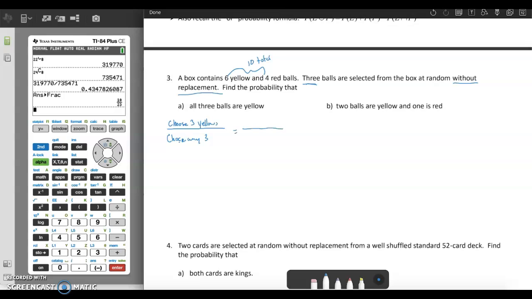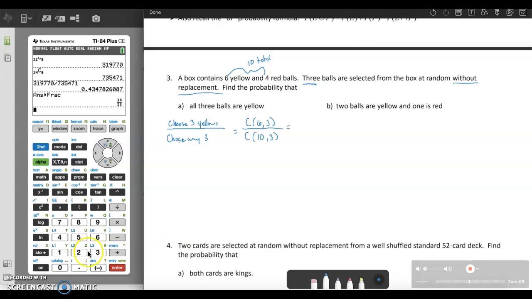So how can we choose 3 yellow? Well, there are 6 yellow total, and we have to choose 3 of those. So that would be a combination of 6 choose 3, because the order doesn't matter. We're just choosing. And then how can we choose any 3? Well, out of the 10 total, we would choose 3. So that would be our denominator.